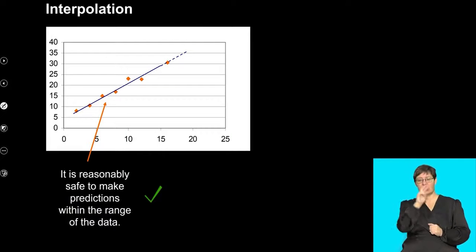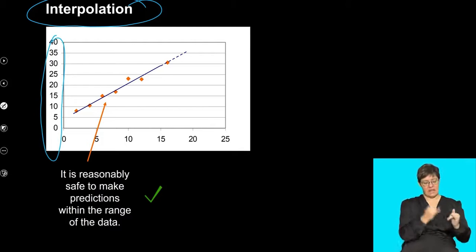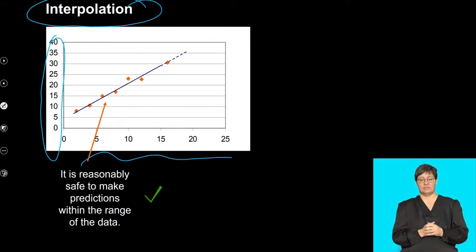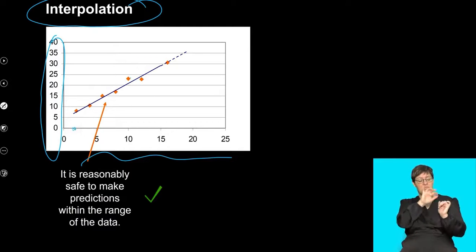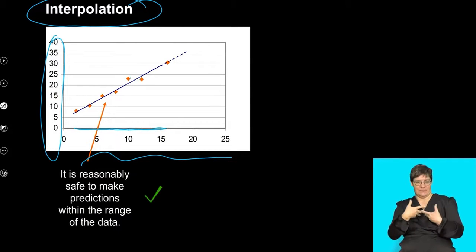Let's look at interpolation again, using the line of best fit. What does it look like? So we have our dependent variable there, our independent variable there. We have our points, and the blue is our least squares line or the line of best fit. From that position all the way to there, that was the data given to us.